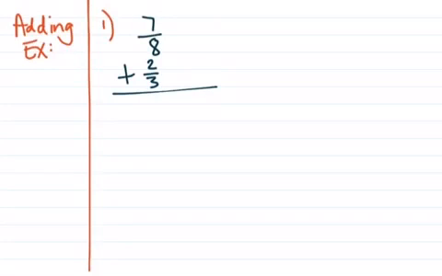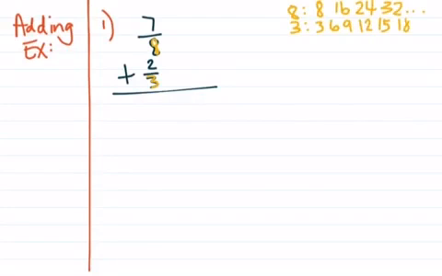Our denominators are not the same, so over here to the side, here are my denominators of 8 and 3. You can list out the two denominators and start listing out the multiples. 8 times 1 is 8, 8 times 2 is 16, 8 times 3 is 24, 8 times 4 is 32, and we could go on, but let's see if we've got a common denominator here. 3 times 1 is 3, 3 times 2 is 6, 3 times 3 is 9, 3 times 4 is 12, 3 times 5 is 15, 3 times 6 is 18, 3 times 7 is 21, 3 times 8 is 24, if I can fit it on the slide here.